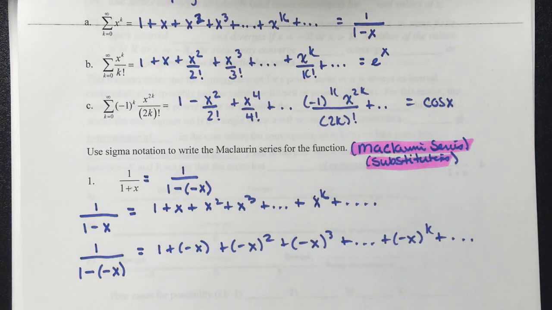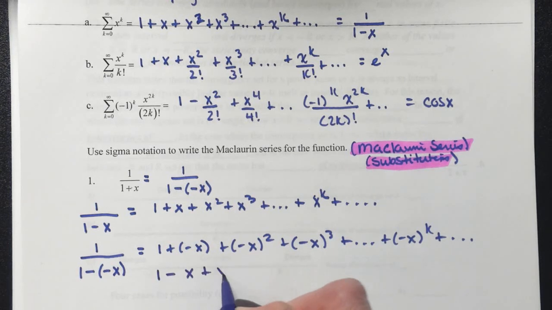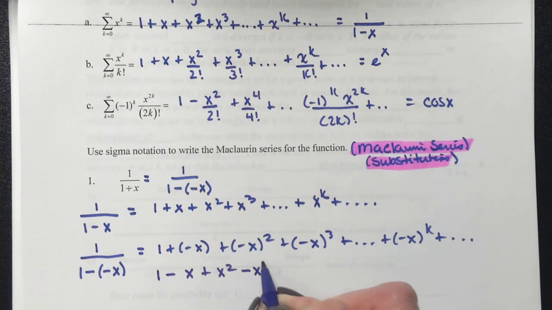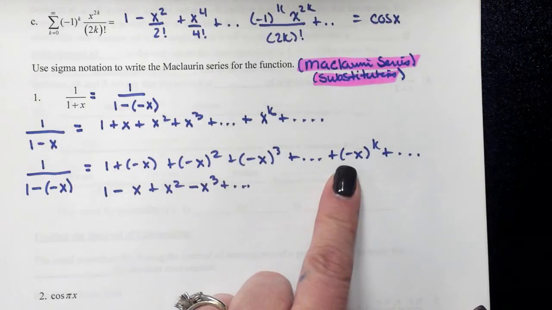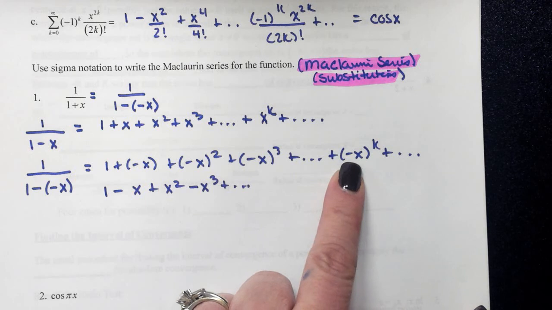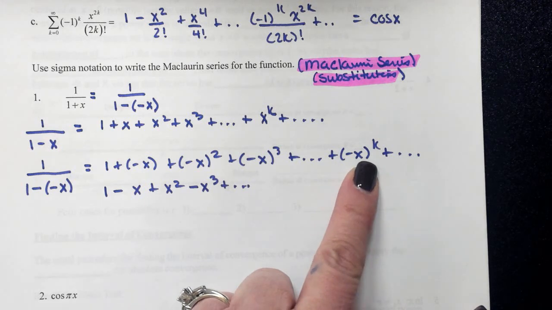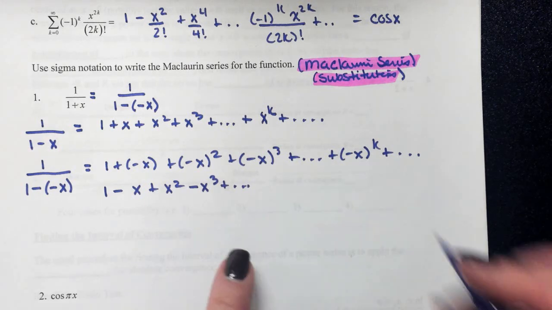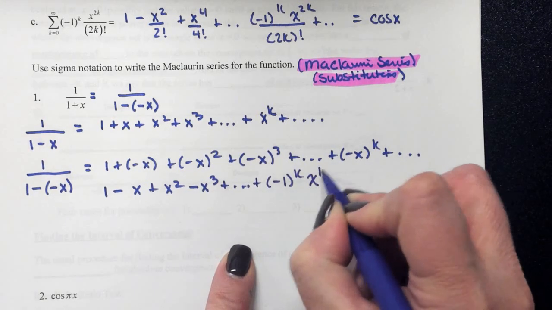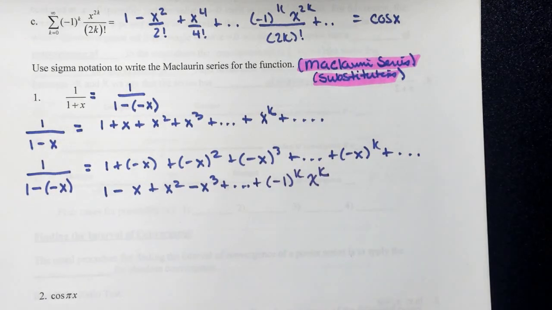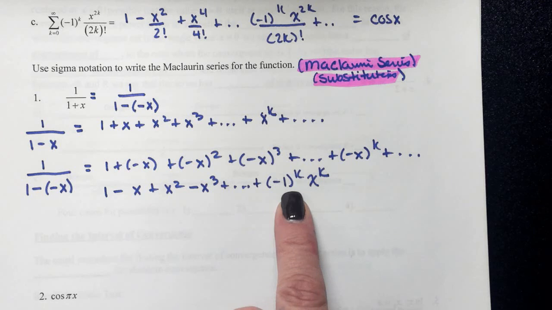All right? So then I know that this is 1 minus x plus x squared minus x to the third plus. Now, a lot of times we're used to seeing the alternator with a base of negative 1. So instead of seeing negative x raised to the k power, for a lot of these variations, what you're going to see is negative 1 to the k, x to the k. They're equivalent. It's not incorrect if you left it as negative x to the k, but a lot of times they do break out that alternator.